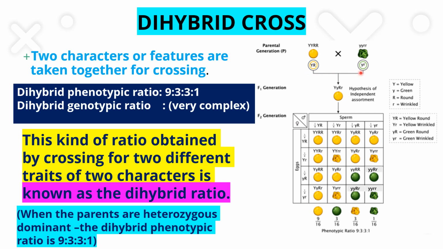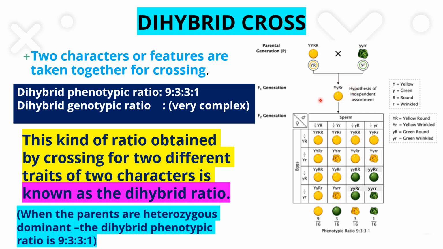Then, after fusion of these 2 gametes, the F1 progenies will be yellow round, with heterozygous dominant characters. But these 2 characters will not mix up. They are independent. While writing, you have to represent like this. Then after selfing, we will get the F2 generation.